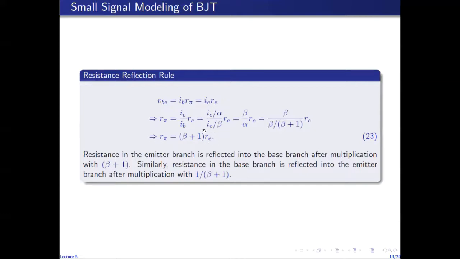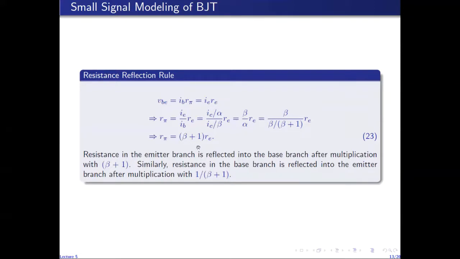The resistance in the emitter branch is reflected into the base after multiplication with the factor beta plus 1. Or the resistance in the base branch R pi is reflected into the emitter branch as RE after multiplication with the factor 1 over beta plus 1, because RE is R pi over beta plus 1.